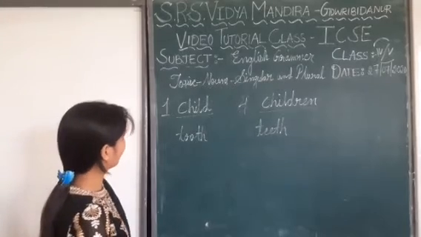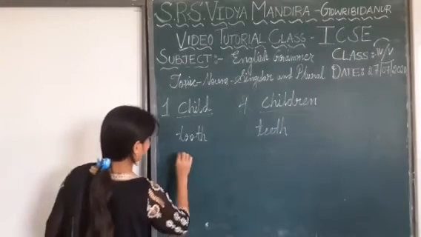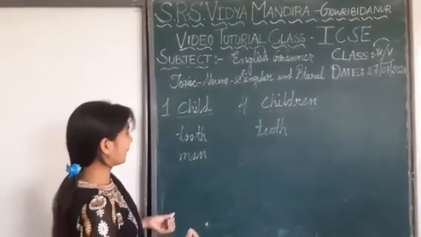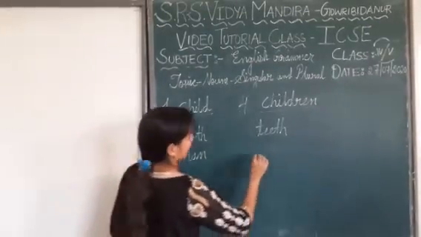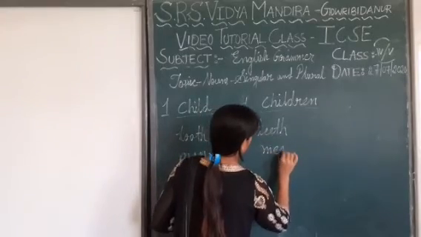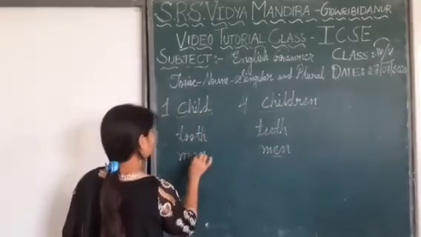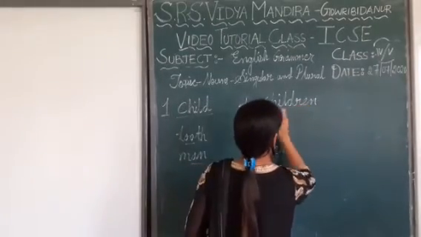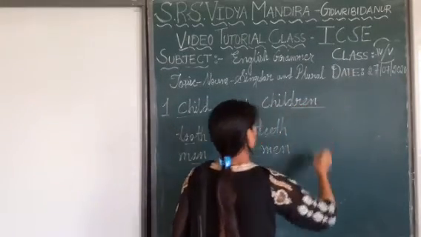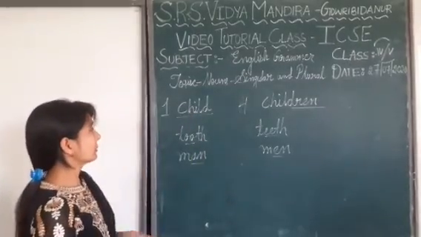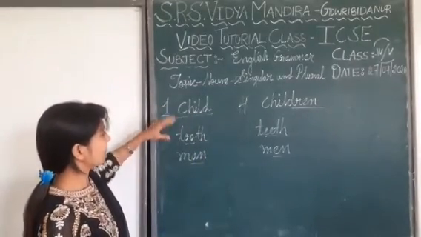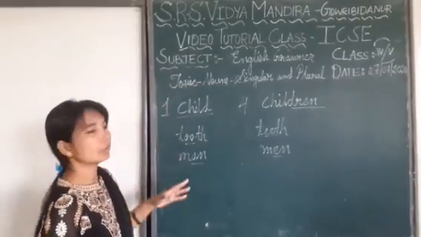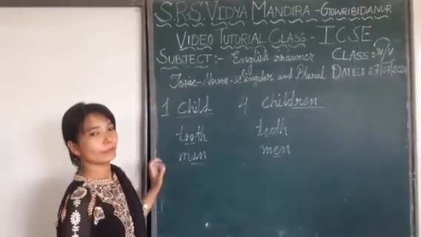And a few more examples: man. Whenever we want to write more than one, then the spelling changes to men. So these are the differences. And here child, children. So these are some words that completely change from singular to the plural form of the noun. Thank you.